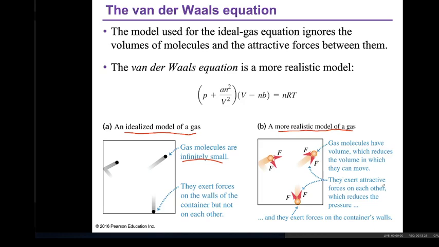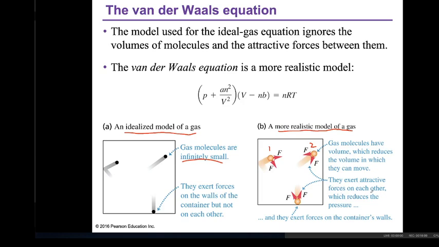They also exert attractive force on each other. For example, say this is molecule 1 and this is molecule 2. Even when they're far away from each other and not contacting, they attract each other. The longer the distance, the weaker the attractive force. When they get closer, the attractive force gets stronger.